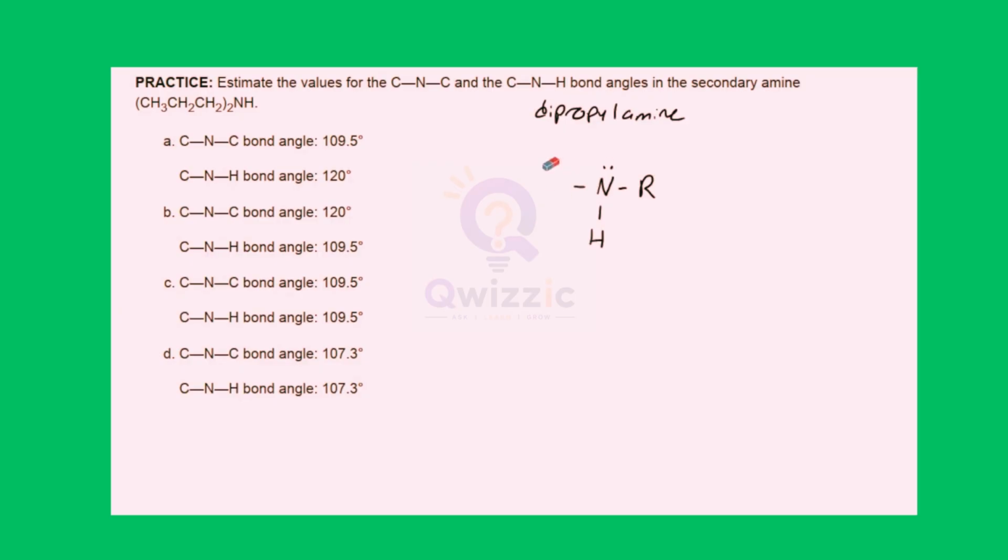So when drawing out the Lewis structure of an R group, the atom with the highest bond preference should go in the center. Carbon has a bond preference of 4, whereas hydrogen has a bond preference of only 1. Because of this, carbon should be in the center of the Lewis structure of the R group.